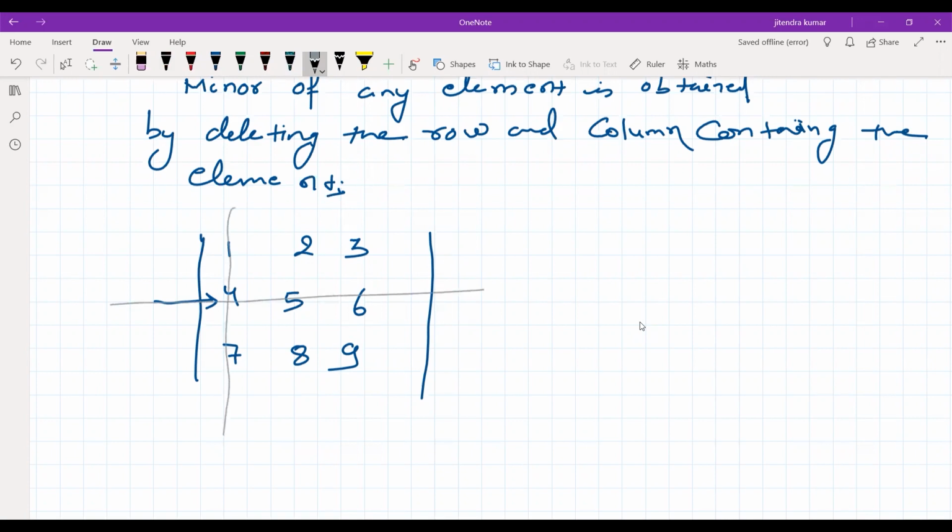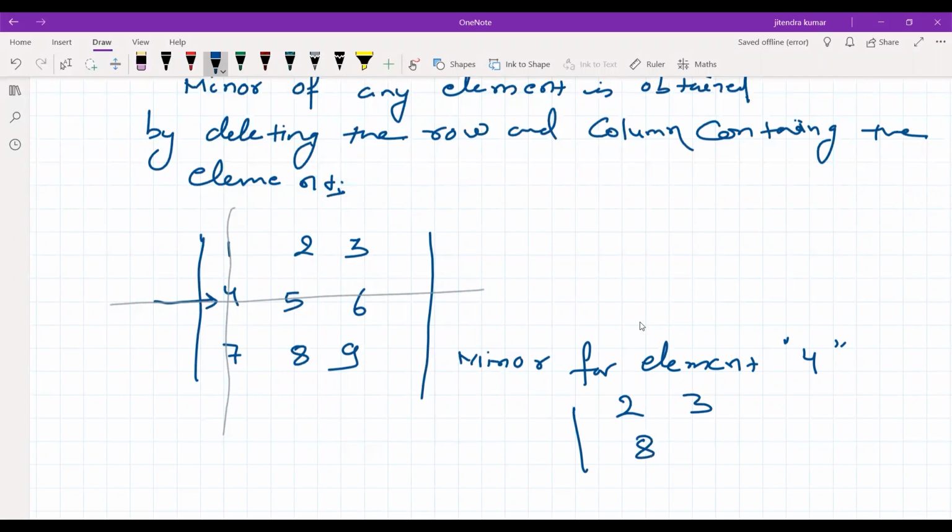So we are left with 2, 3, and 8, 9. So the minor for element 4 will be 2, 3, 8, 9.